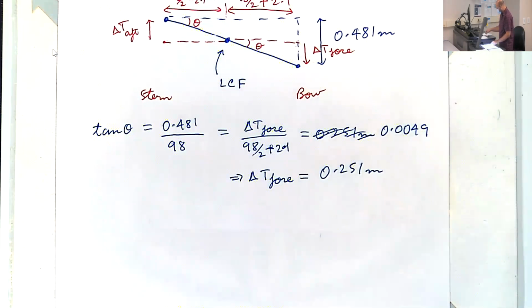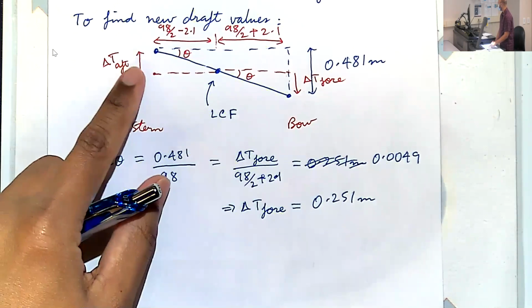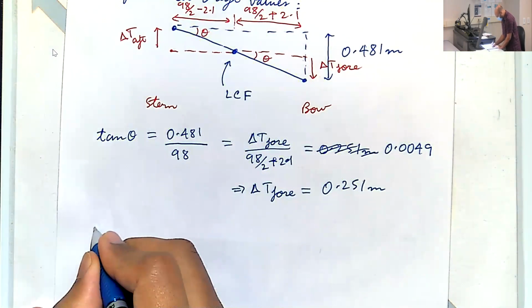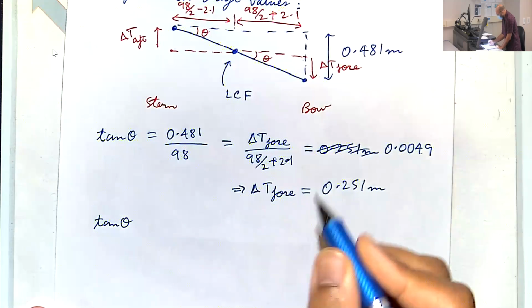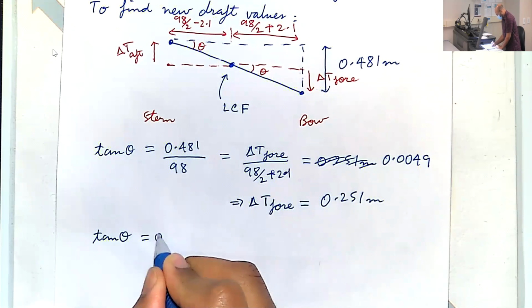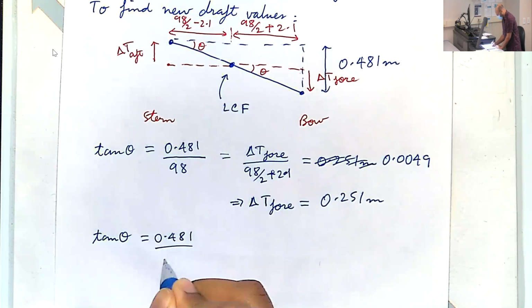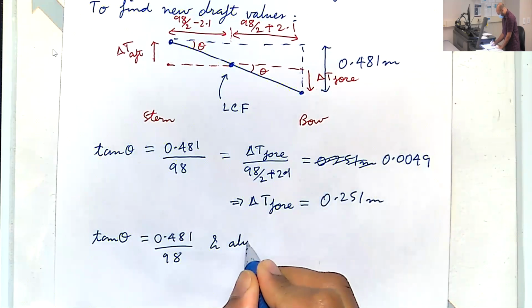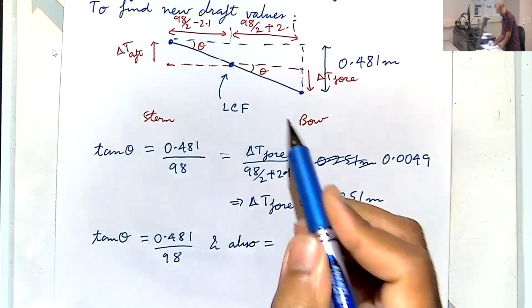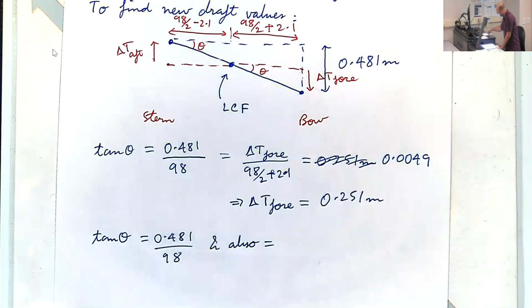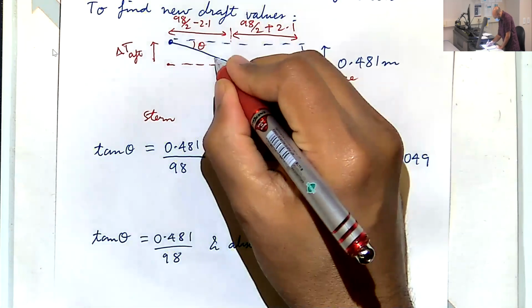Okay. Same way we can compute delta T aft. Same exact way. So we say tan of theta is, again, big triangle, everything is known, so it is 0.481 divided by 98. And also, if we use the little triangle in the back here, this is theta.